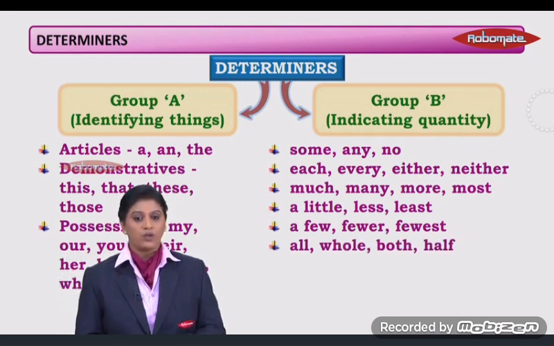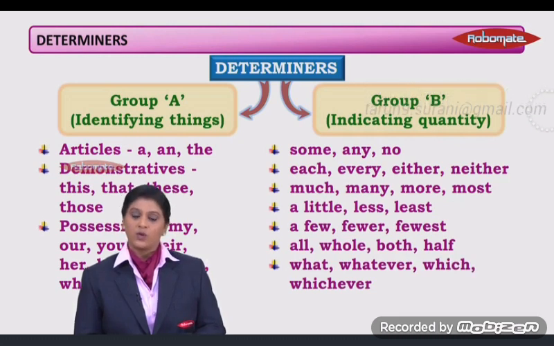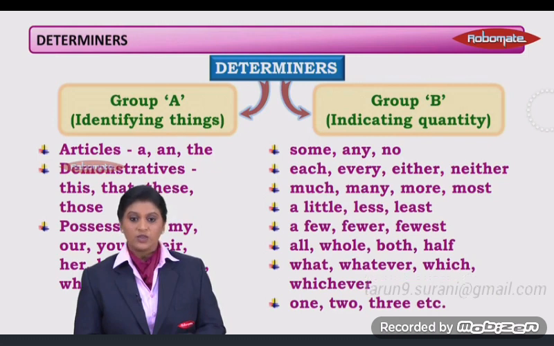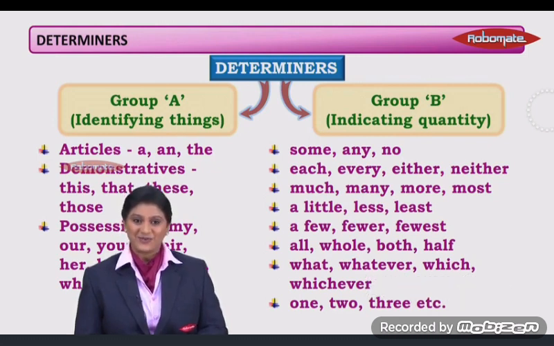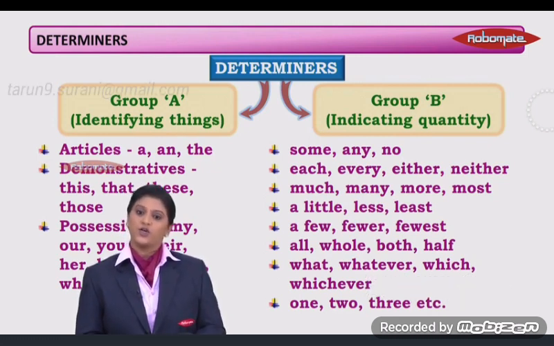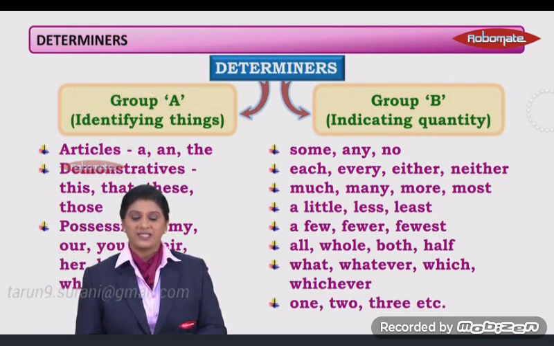All, whole, both, half. What, whatever, which, whichever. 1, 2, 3, etc. could all be Group B determiners, and they are Group B determiners because they indicate quantity. I want some water indicates the quantity of water, which is a noun, and so some becomes a determiner.